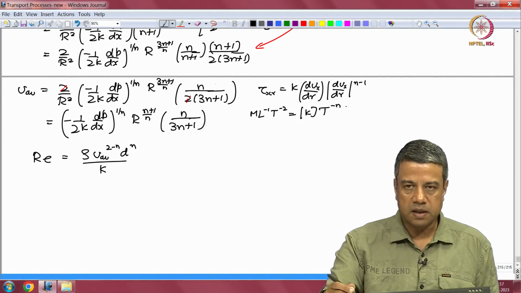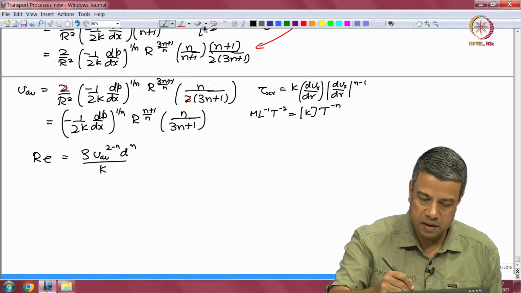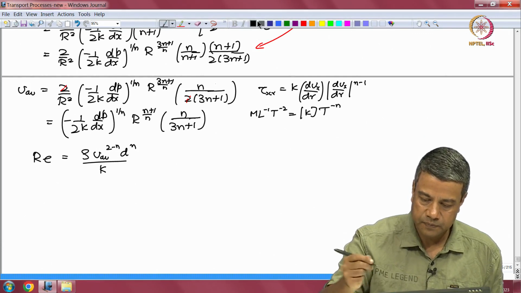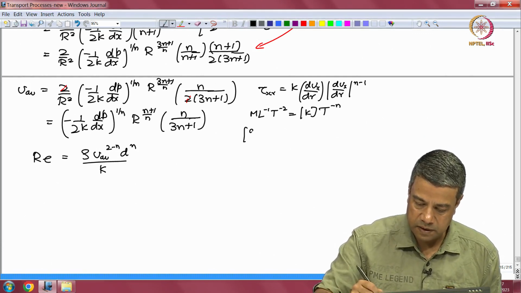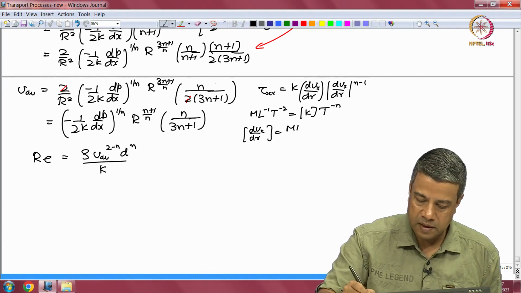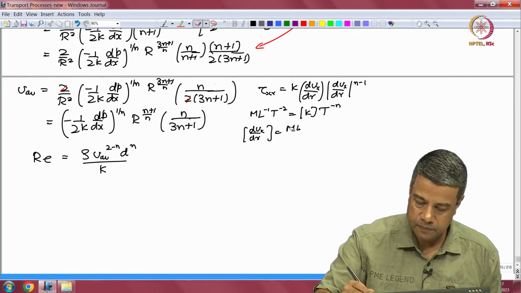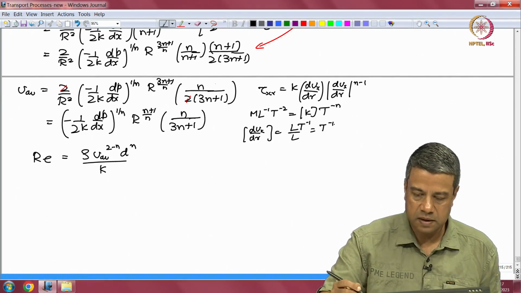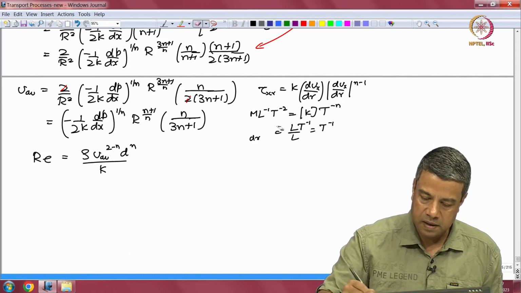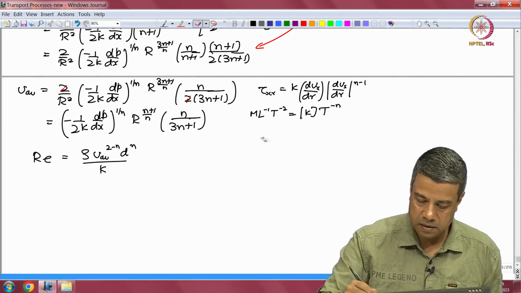Because the dimension of dvx by dr is equal to L T inverse by L, which is basically equal to T inverse. So, dvx by dr power n will have T power minus n.